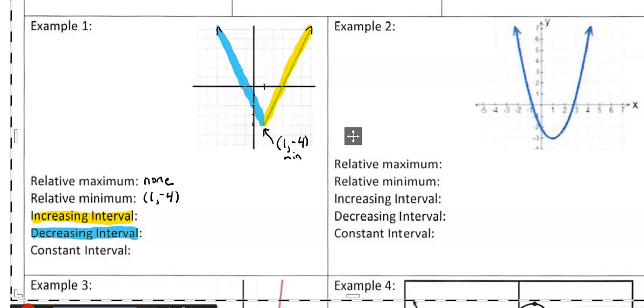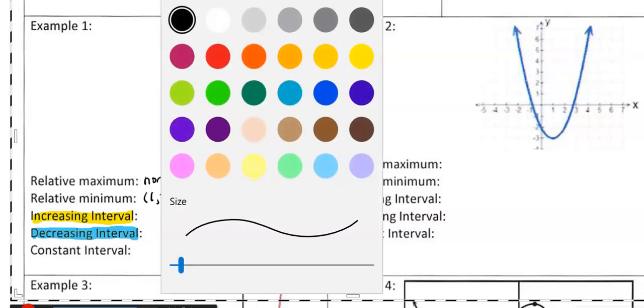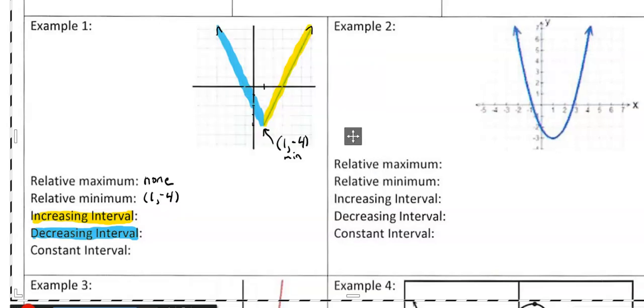To show the intervals in x where this applies, the increasing interval starts at 1, and it continues to the right infinitely long, so we'd say it goes to positive infinity.